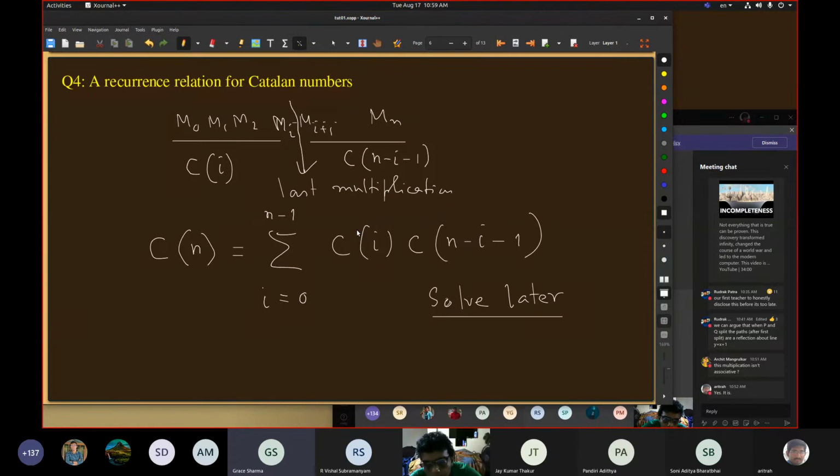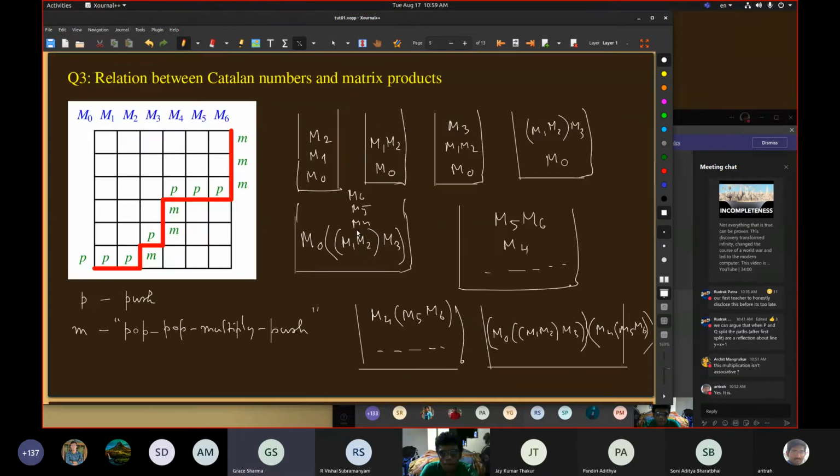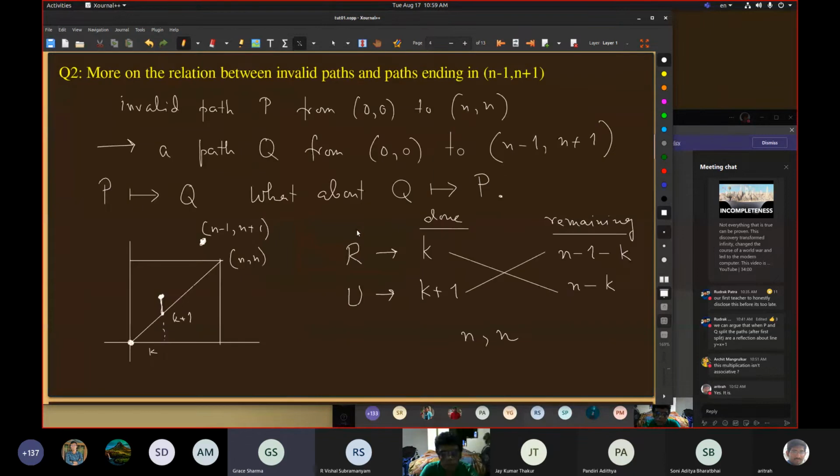For going from 0,0 to k, k plus 1, there are c of k paths, right? Means by following the condition. For going from 0,0 to k, k plus 1, there are c of k paths, because this is known to be a positive movement.